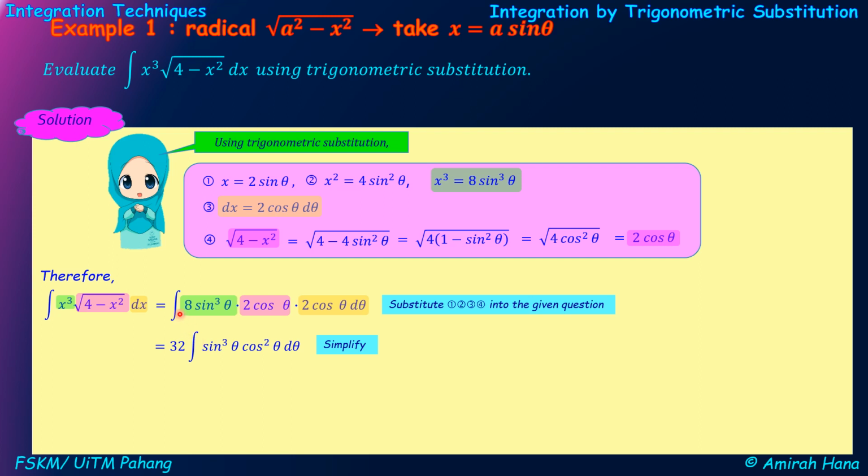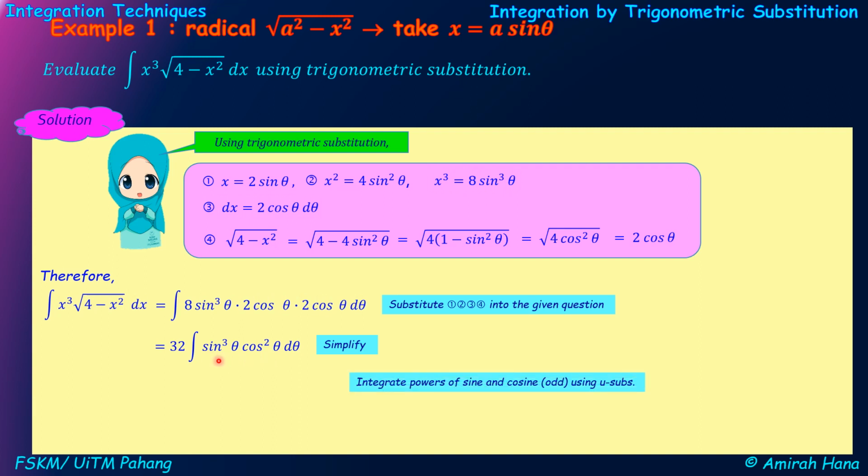Okay, we simplify the constants and move the constant out of the integration sign. So we have 32. Okay, 8 times 2 times 2 equals 32. And then the integration of sine cubed theta, and then cos theta times cos theta equals cos squared theta. Right?